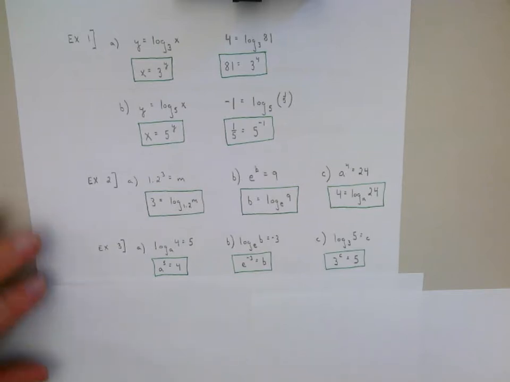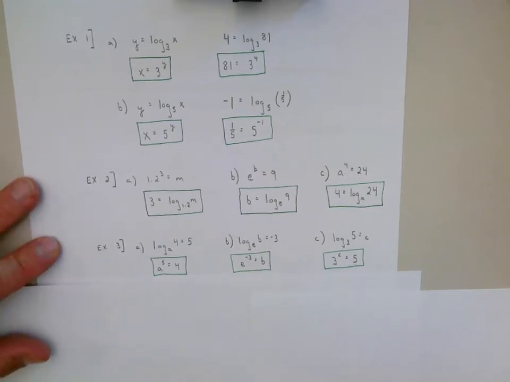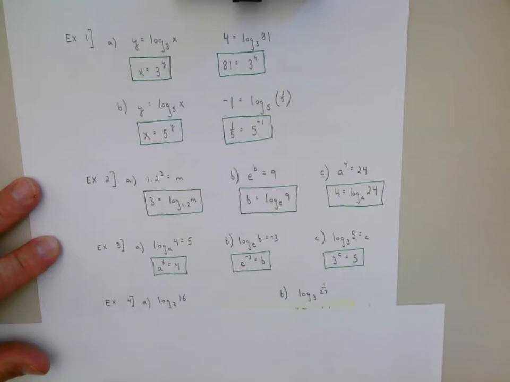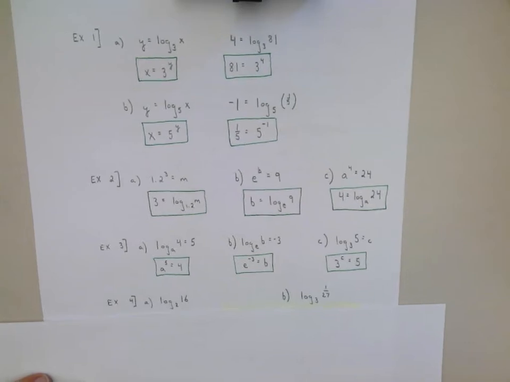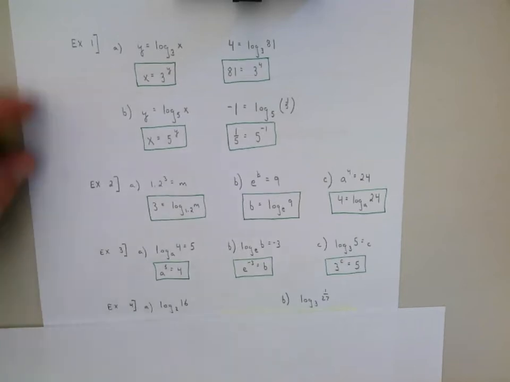In our fourth example, we're going to go into objective number 2, which was that we could evaluate logarithmic expressions. So here are two expressions for us to evaluate. Example 4a wants us to evaluate the expression log base 2 of 16. Now what does that mean?